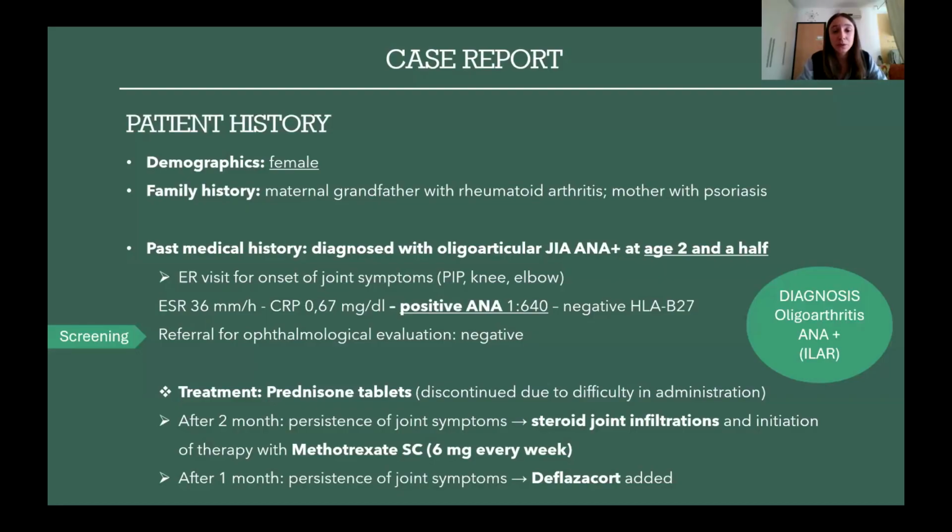After 2 months, there was a persistence of joint symptoms, and rheumatologists started steroid joint infiltration and methotrexate subcutaneously. After 1 month, due to persistence of joint symptoms, they added Flazacort. She did the first ophthalmological evaluation at diagnosis that resulted negative.